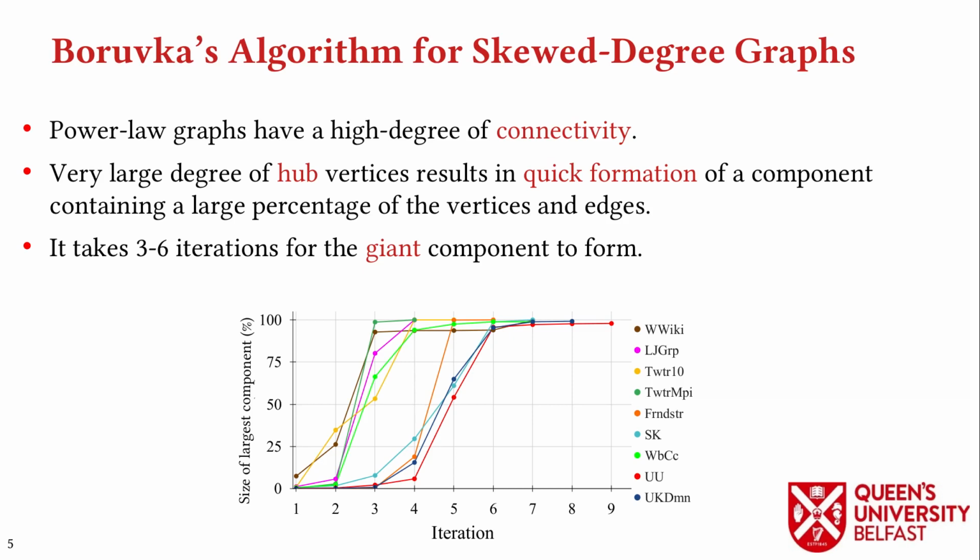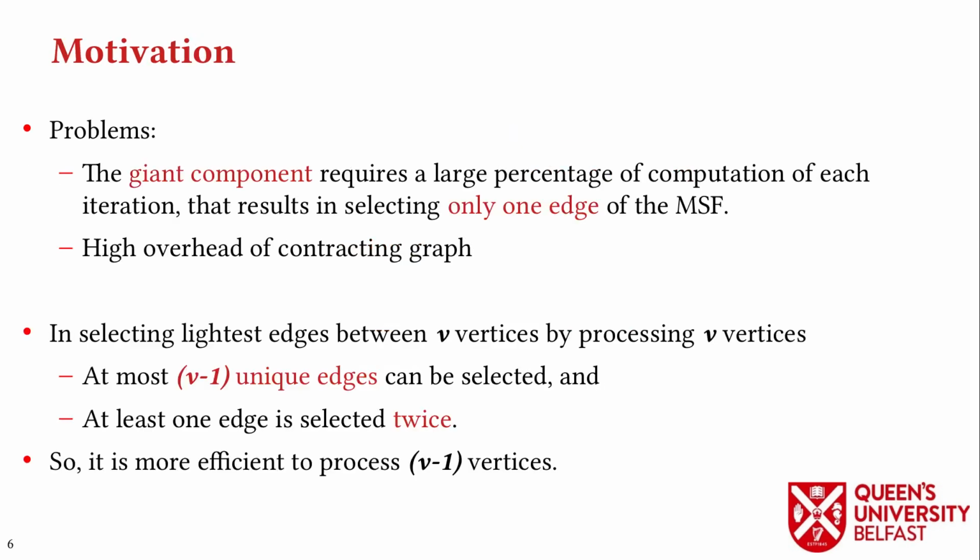Our evaluation shows that after 3 to 6 iterations, a giant component is formed that contains more than 50% of the vertices. The two main problems in processing skewed-degree graphs using Boruvka's algorithm are the high overhead of contracting the graph and the formation of a giant component that requires a large percentage of the execution time.